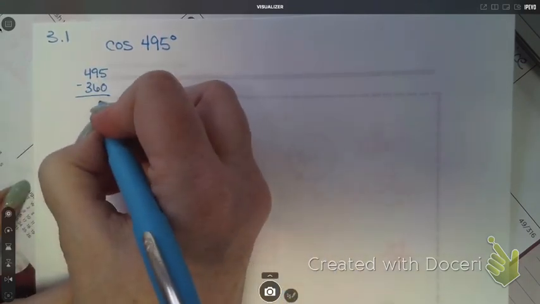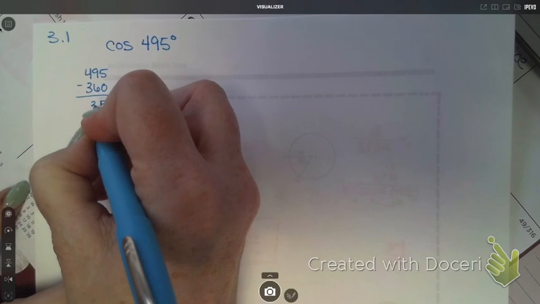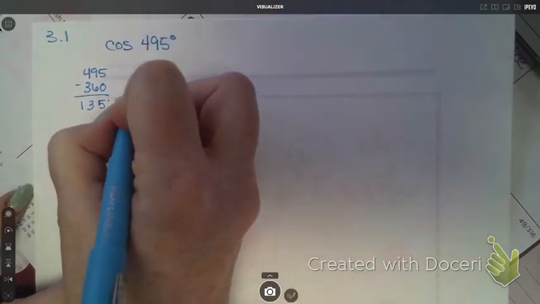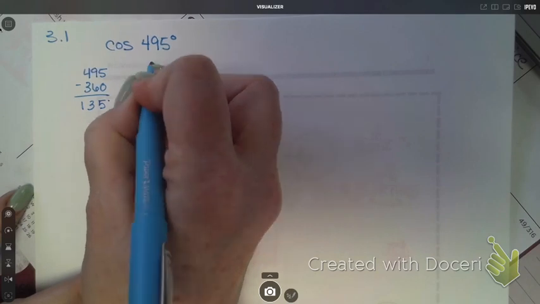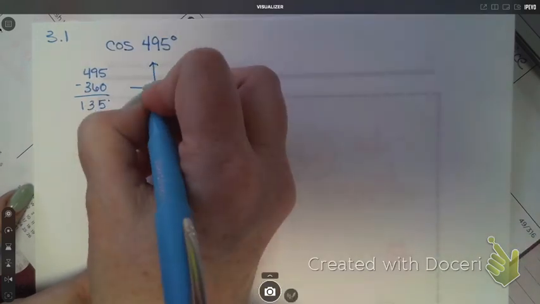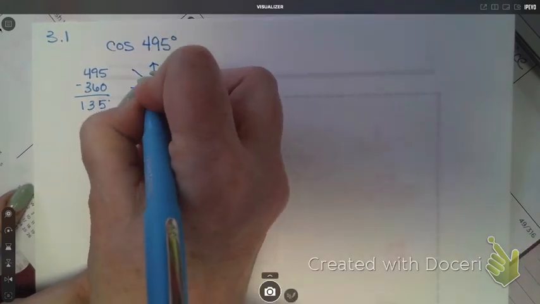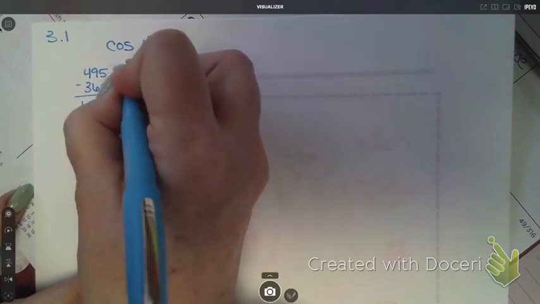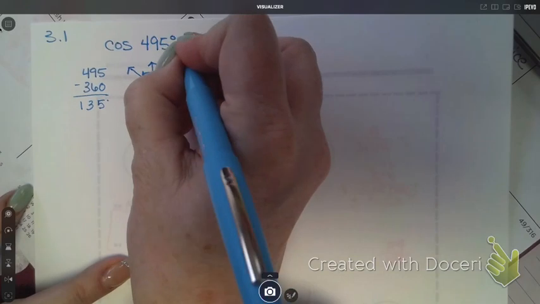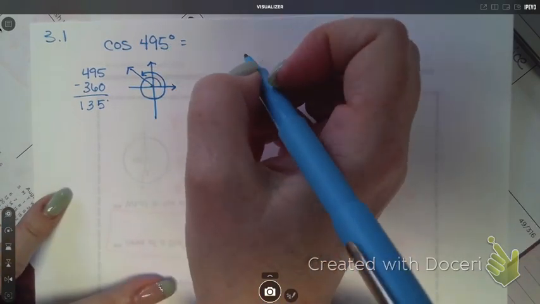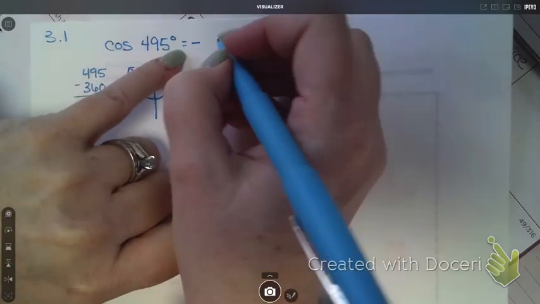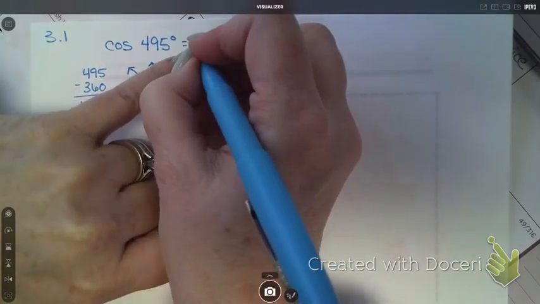So I get 135. Okay. So where's 135 at? 45 in the second. So I had to go once around and then another, right? So positive or negative? Negative. I'm actually not going to write the negative yet.